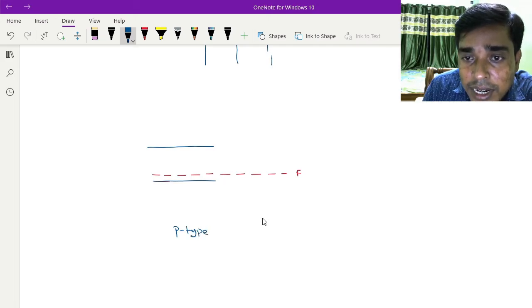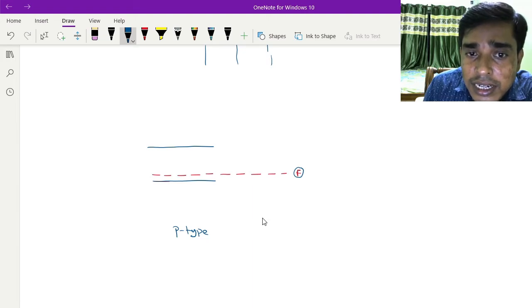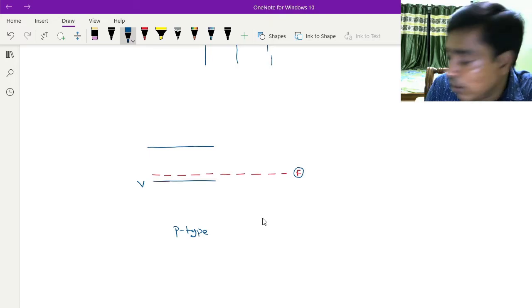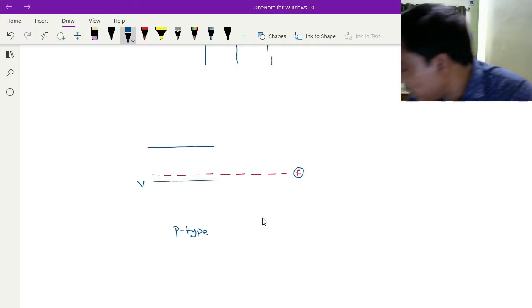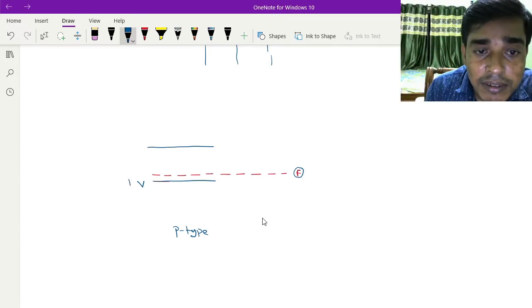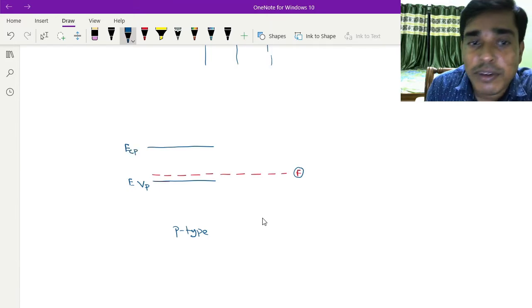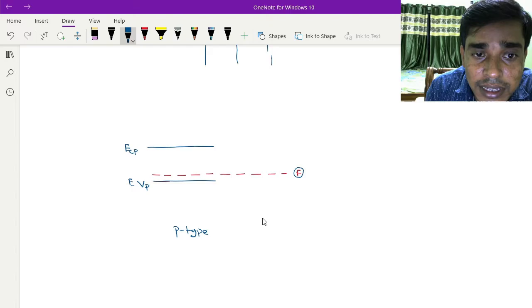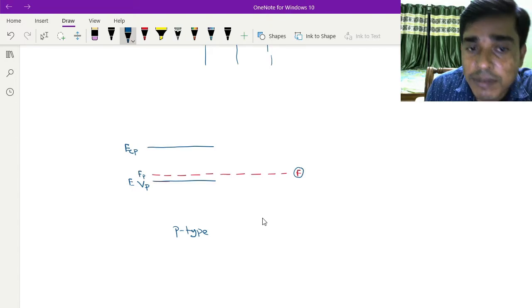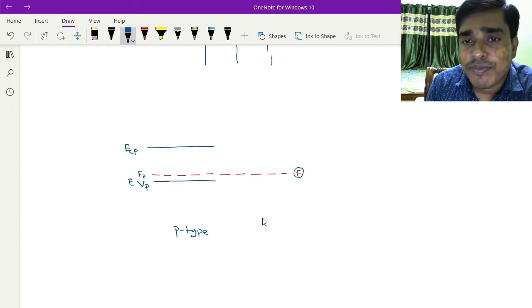For a p-type semiconductor, the Fermi level lies near the valence band. This is the energy of the valence band and this is the energy of the conduction band of the p-type semiconductor, and this is the Fermi energy level for the p-type semiconductor.